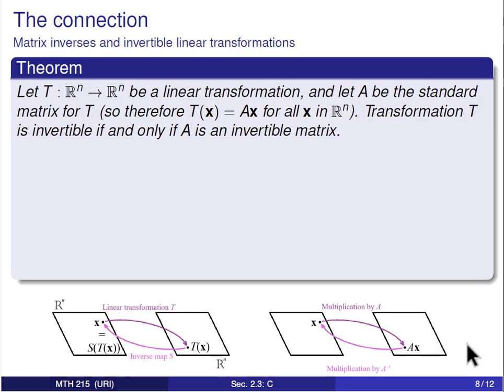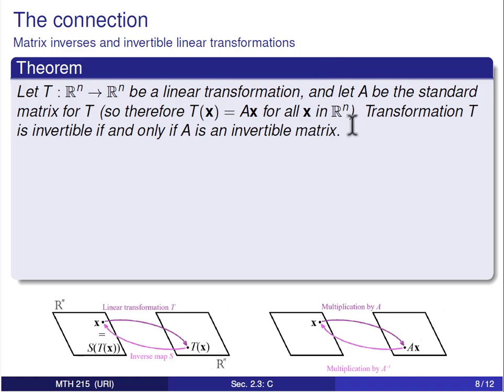All right, now here is our theorem. We're going to reveal it in a couple of steps. If T is a map from Rn to Rn, if it's a linear transformation, and if we let A be the standard matrix for T, so remember what that means. What we're saying is that T of x has the same output as A times x for all x in Rn.